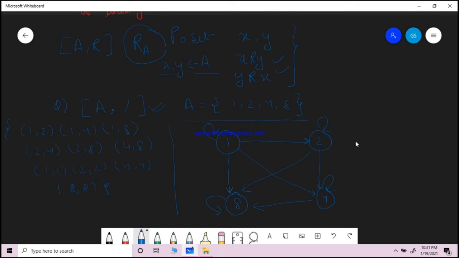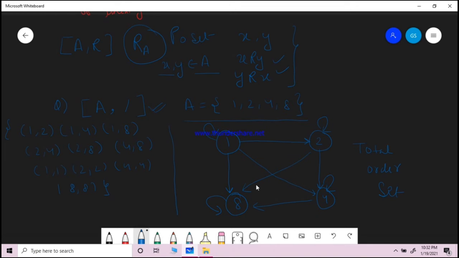Okay. So this is called a total order set. Why? Because if you choose any two random elements, they are somehow connected to each other. Either it's 1 2, or 1 4, 1 8, 2 4, anything.